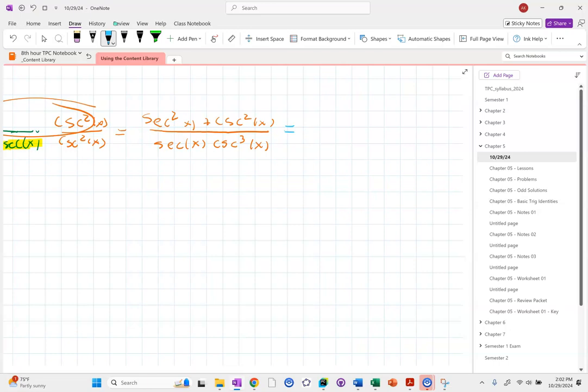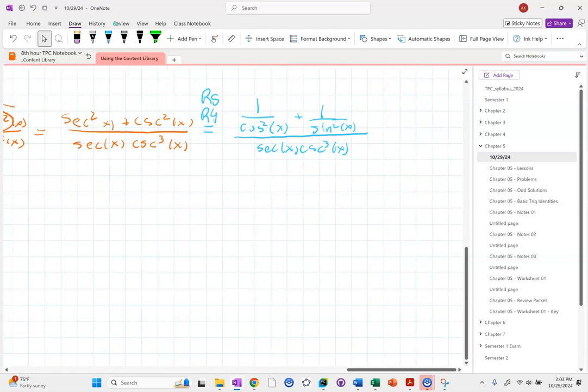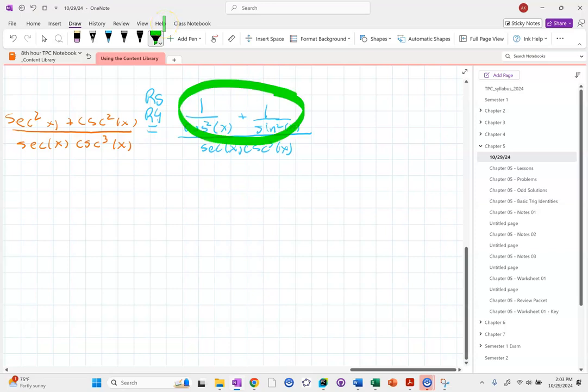We're going to use R4 and R5 so that we could write this as an identity. Well, now we are in a spot where I could add these two things together.